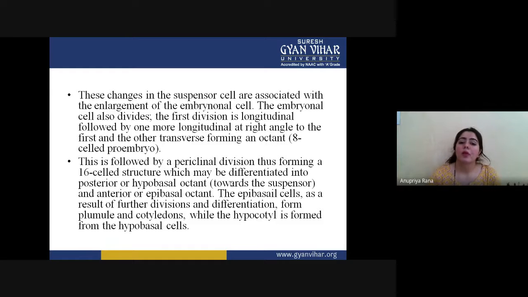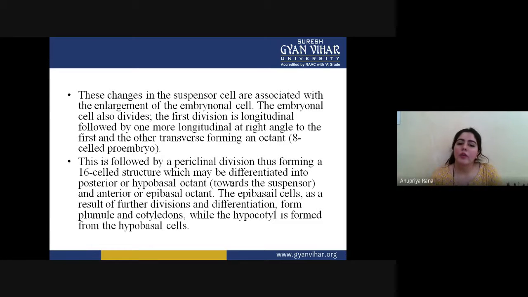Now the embryonal cell also divides, and the first division is longitudinal, followed by one more longitudinal division at right angle to the first, and then a transverse division, forming an octant called the proembryo. How many divisions will happen inside the embryonal cell? First longitudinal, second one more longitudinal, and the third one transverse.